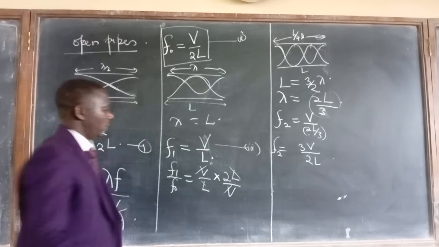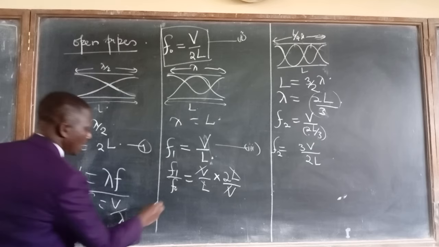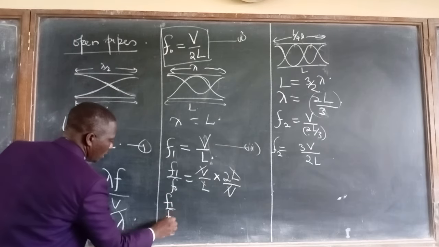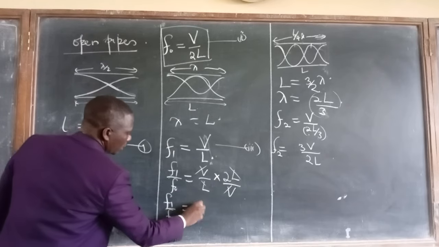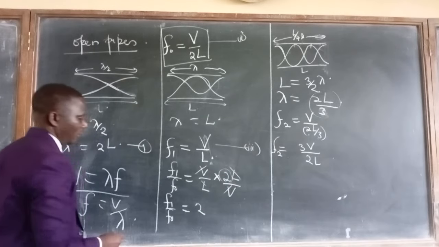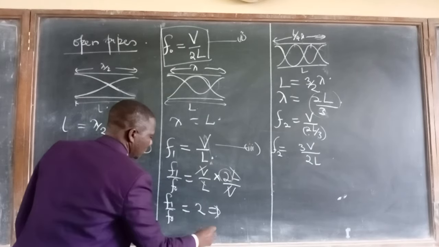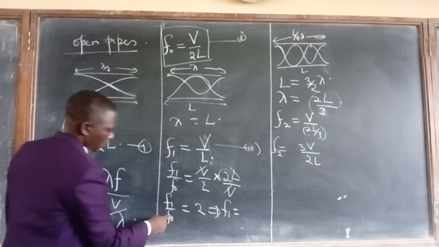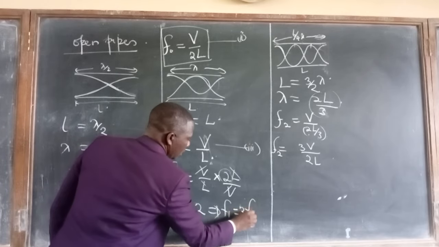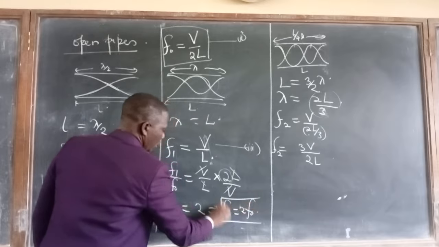This V and this V will also cancel, and we will simply remain with F1 out of F0 equal to 2.